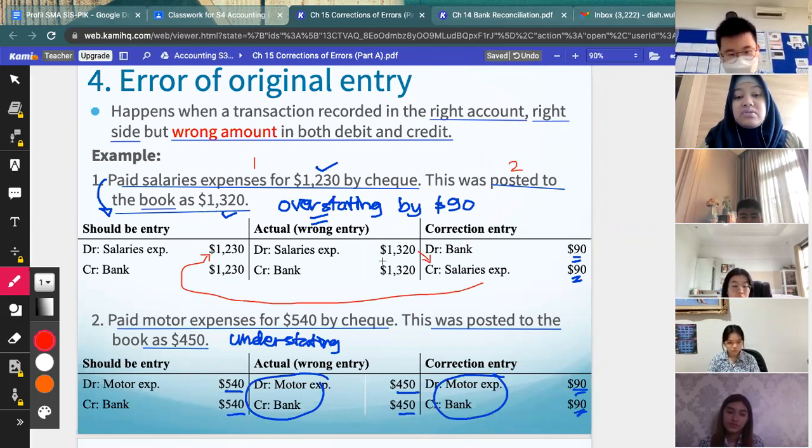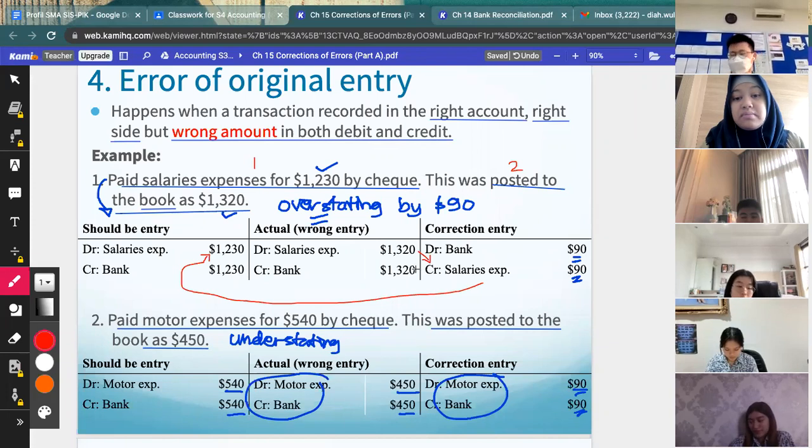On the bank side, you put in the credit side 1320. You should make the bank 1230. Overstated again, yeah? So you should make a deduction by putting it in the opposite side, which is the debit side, with the $90.